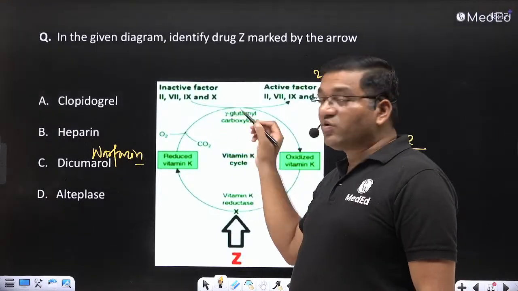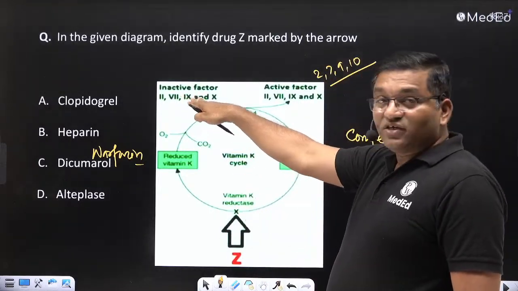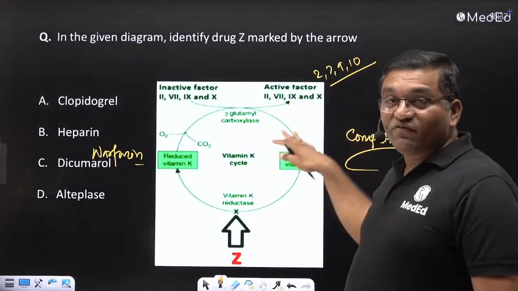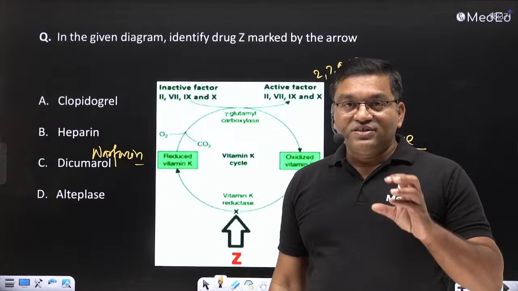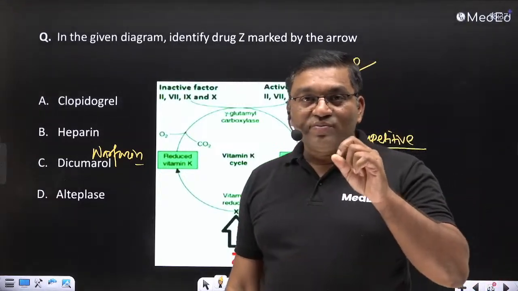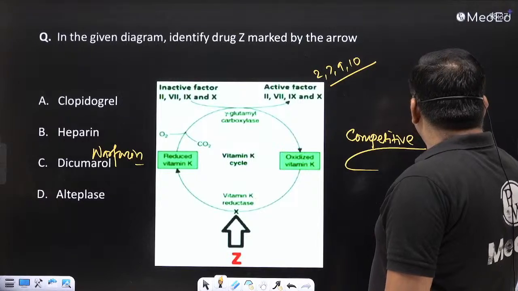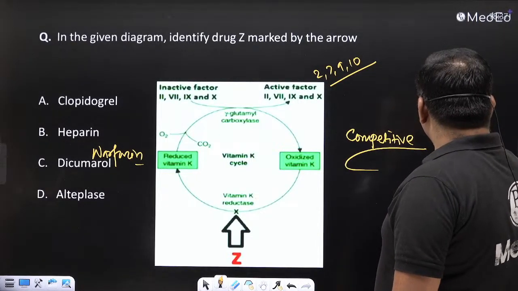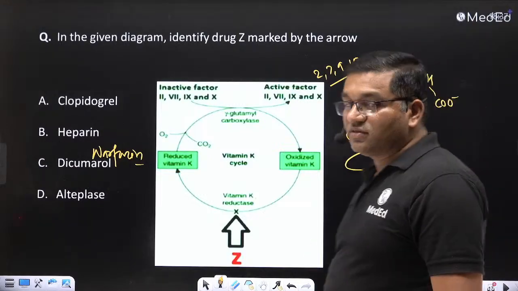It is a function of vitamin K. So it converts inactive factor 2, 7, 9, 10 into active factors by gamma carboxylation, by addition of a COO negative charge to the gamma carbon. This is the gamma carbon of glutamate.